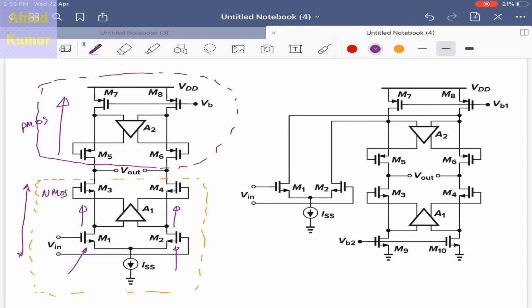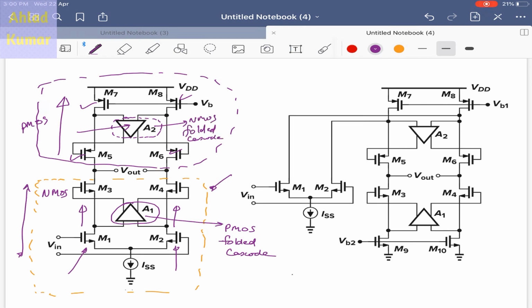And please note that for this version, that is this NMOS version, the amplifier that we have used here is the PMOS version of the folded cascode. So as complementary to that, when all these transistors are PMOS, what kind of folded cascode structure should we use for this A2? It has to be an NMOS folded cascode. Similarly, this structure incorporates these boosting techniques, that is using A1 and A2, but the whole structure is a folded cascode differential amplifier.